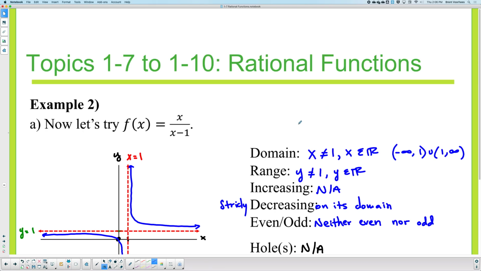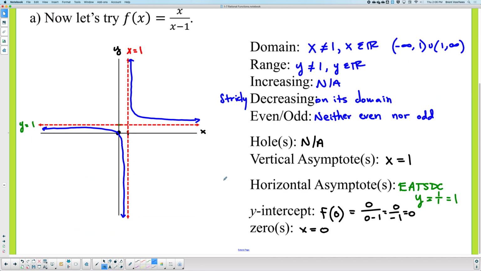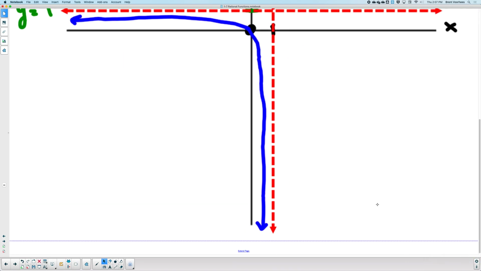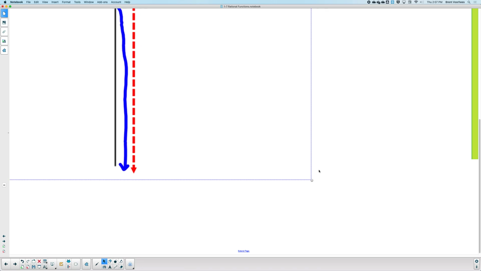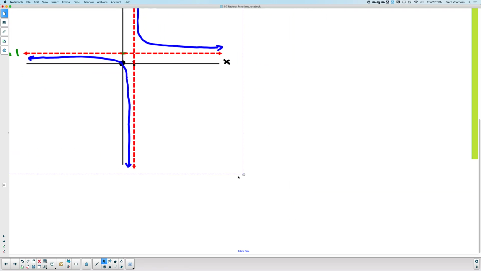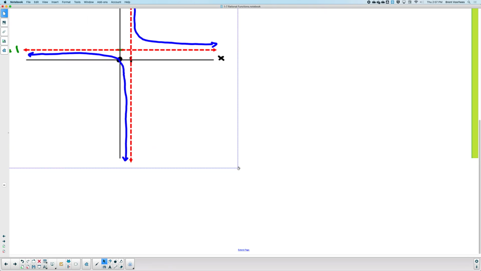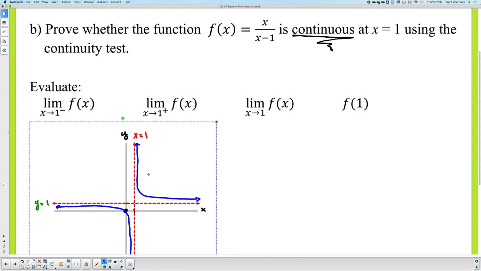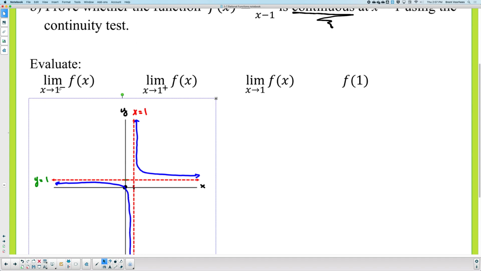Okay, so I'm going to copy our picture that we just had right here. Let's take a look at what we get here. Whoa, that's huge. And after this, I'm going to just start using Inspire. Sorry, I got to shrink it up quite a bit. Okay, this one. As we approach the x value of 1 from the, what does that negative mean?